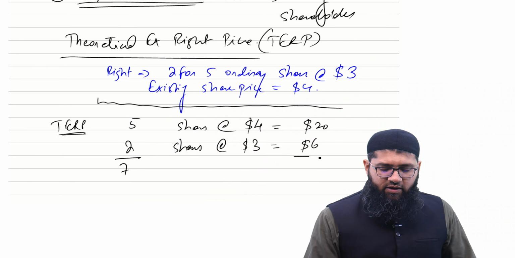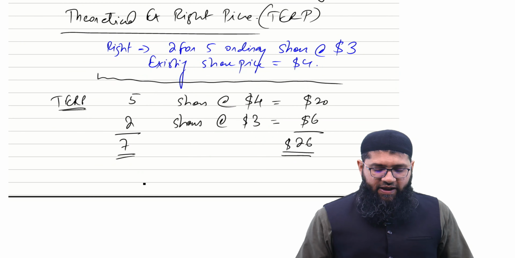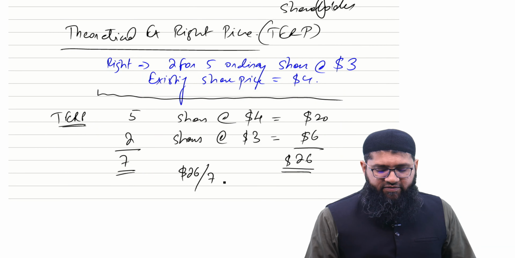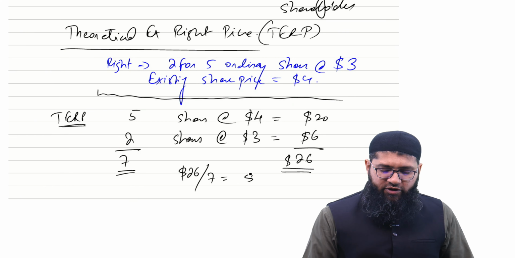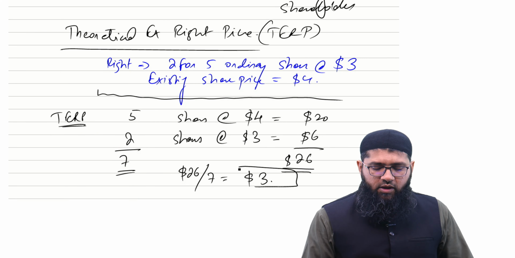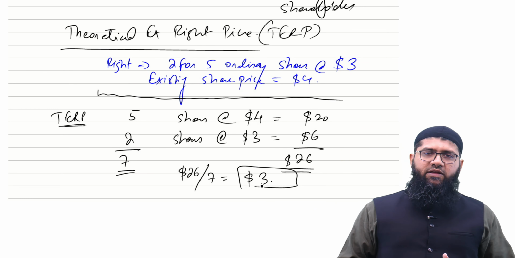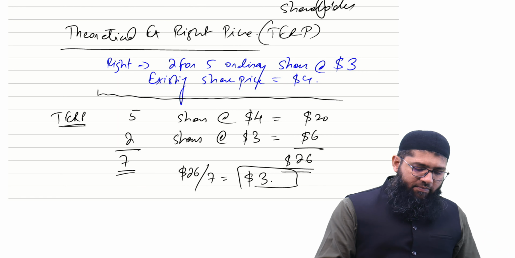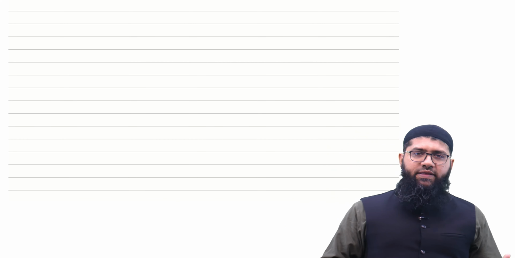Resultingly you have 7 shares and $26. So the theoretical ex-rights price is 26 divided by 7, which turns out to be 3 point something. Theoretically speaking, that is what the share price is going to be if the company makes a rights issue. So that's one calculation that you get.